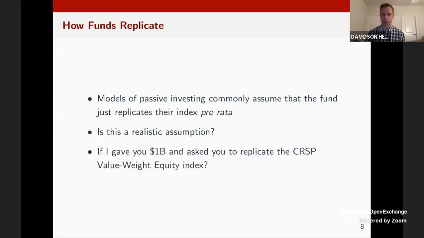But one thing you'll notice if you survey that literature is that most theory models of passive investing tend to assume that whatever passive fund they have in mind has an index, market index or some other idiosyncratic index, and the fund is just going to replicate that index pro rata. The weights that the fund will hold or seek to hold are identical to the weights of the index, okay?